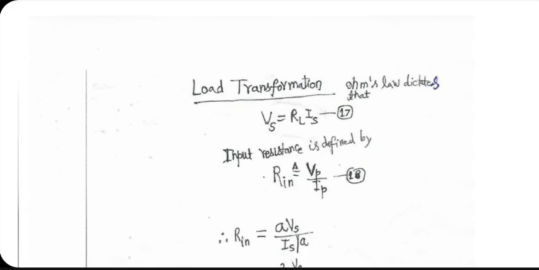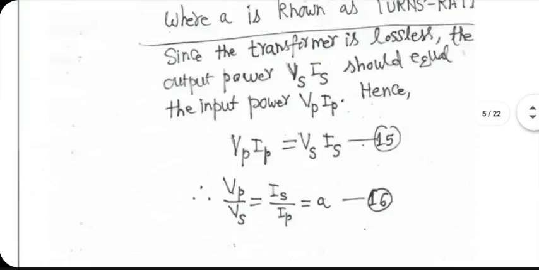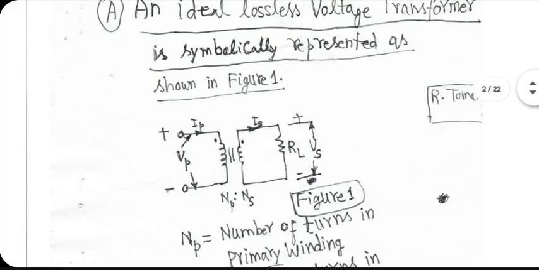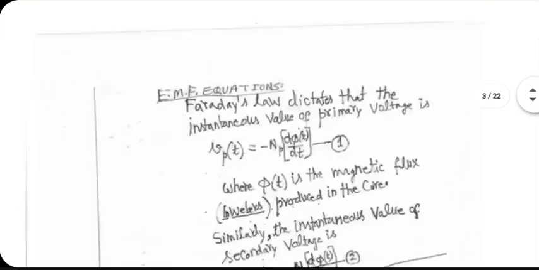And we define input resistance as Vp divided by Ip. That is the hypothetical resistance, which we call input resistance. By the way, this can be generalized for complex loads also. You simply remove capital R and put capital Z. That's it.